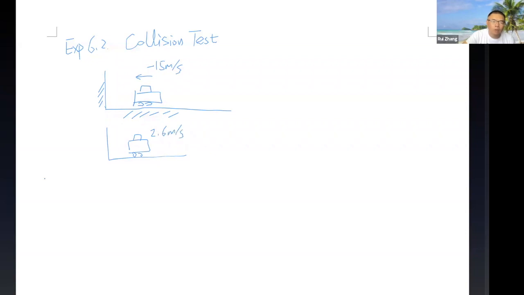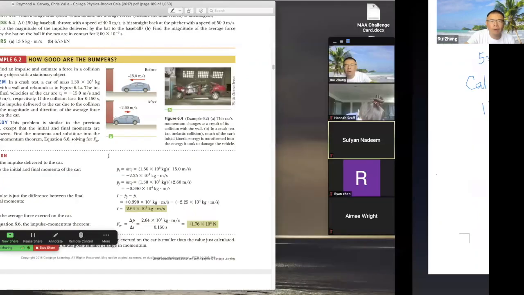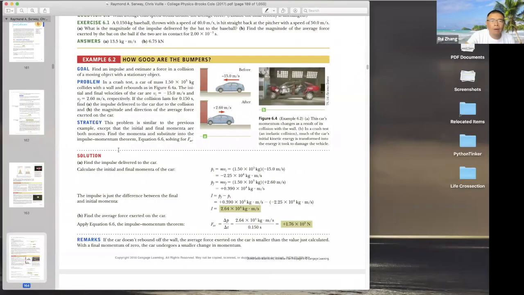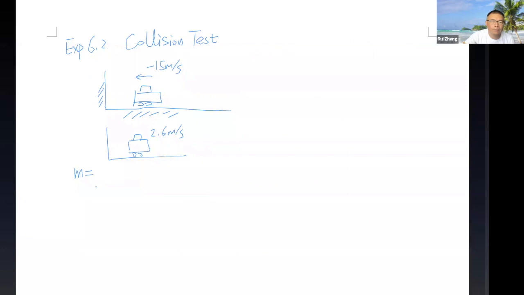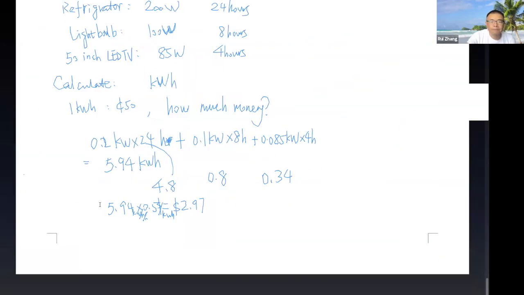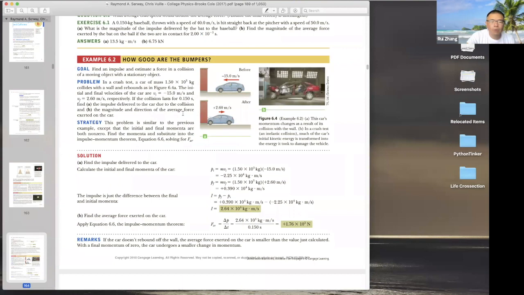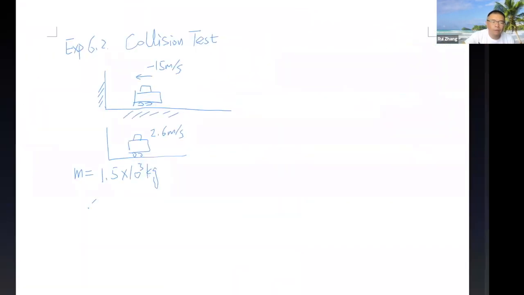We're also given the mass of the car to be 1.5 times 10 to the third kilogram, and the collision time is 0.15 second.